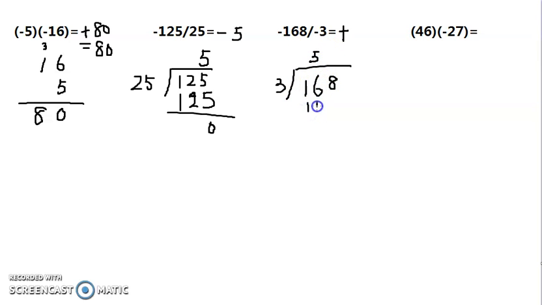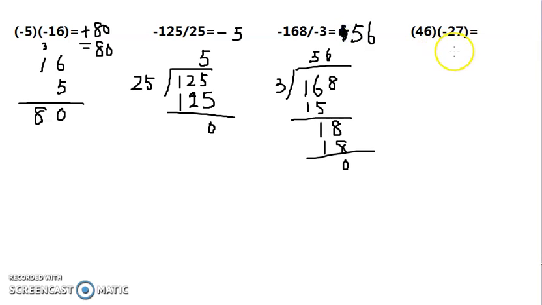And 3 times 5 is 15. And there's a remainder of 1. And we bring down that 8. 3 goes into 18 6 times. 3 times 6 is 18. The remainder is 0. So now the quotient is positive 56. And this plus sign can be omitted.